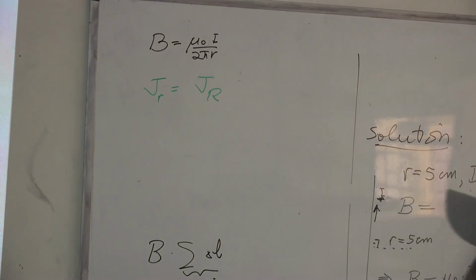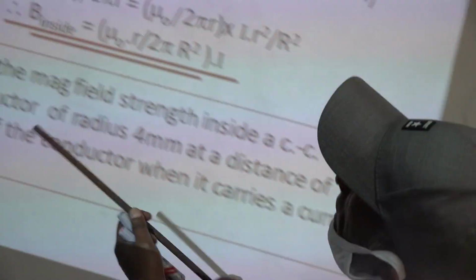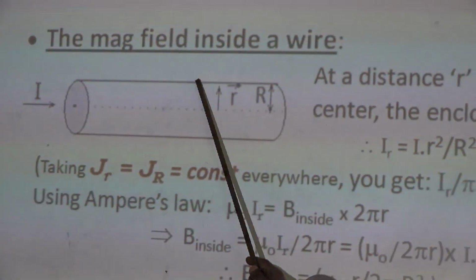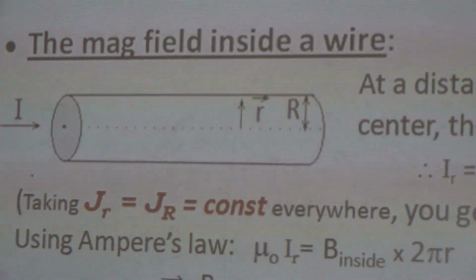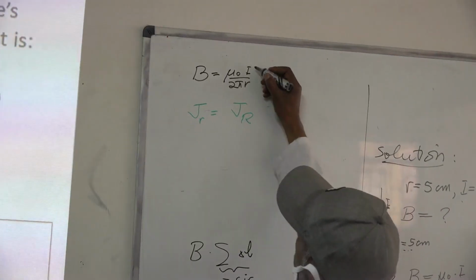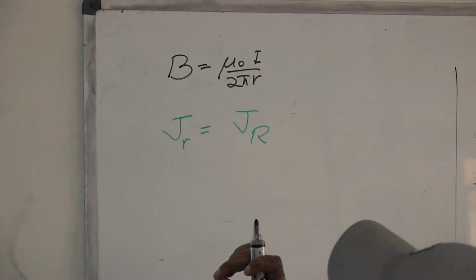Here it's a bit difficult to show you where you measure distance from, but you can see distance will be measured from the center of the wire outward. Up to here is the radius, and anywhere less than that you have a small letter r. So, how much is the magnetic field strength? This I is the whole current inside.